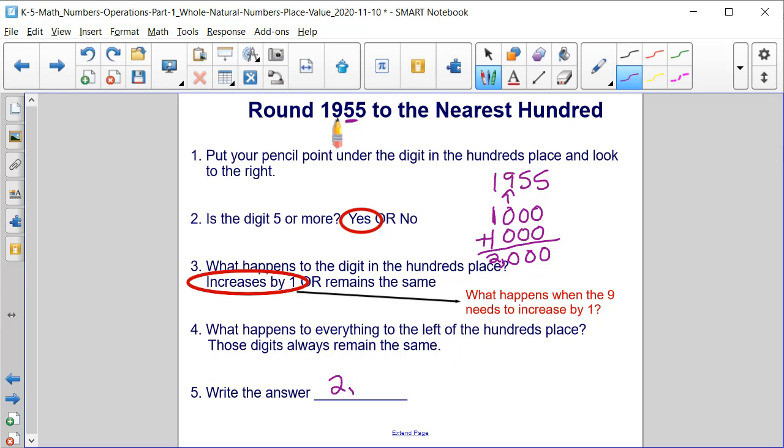So the answer here is 2,000. If we would have had any other digits remaining to the left of the number in the thousands place, those numbers would have remained the same, which is what step 4 was generally saying. So the final answer here is 2,000.